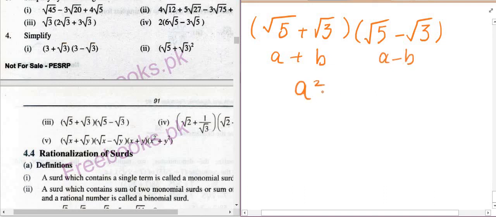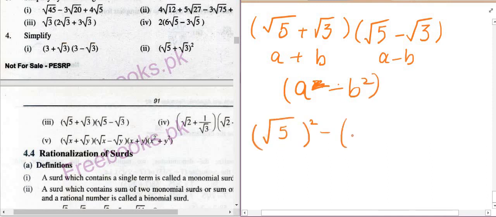Again it is a² − b². So it becomes 5² − 3². It is 5 minus 3, which is 2.